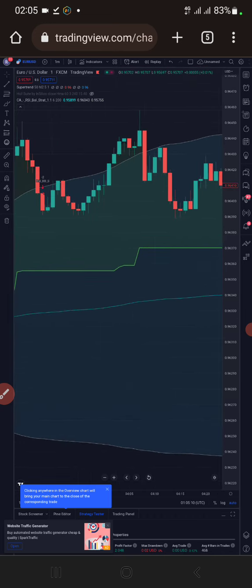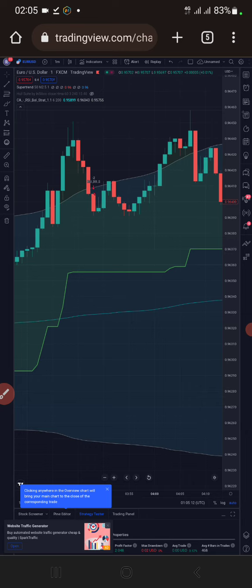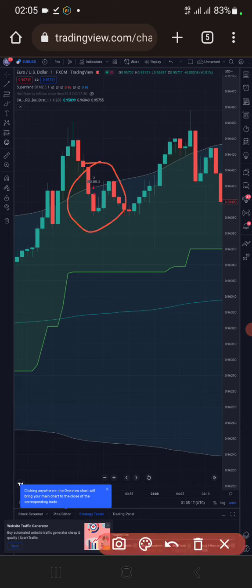Okay, I've seen another good example. As you can see, we got a notification right here that the market is going to reverse at this point. That the market is going to reverse downward.